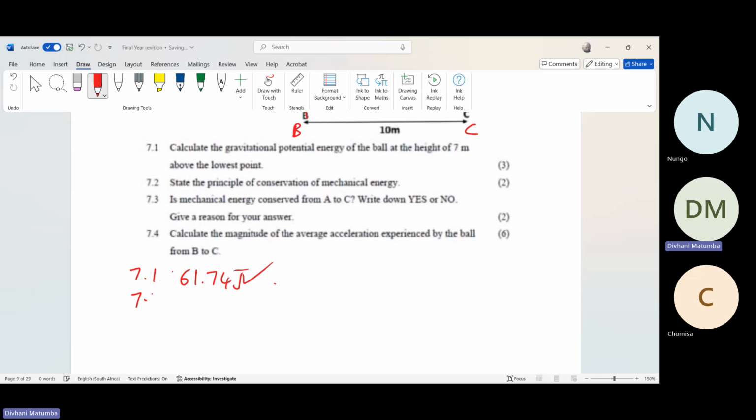I want the one which is specific for mechanical energy. In an isolated system, mechanical energy is conserved. That's what you need to say. That's all. Mechanical energy is conserved.